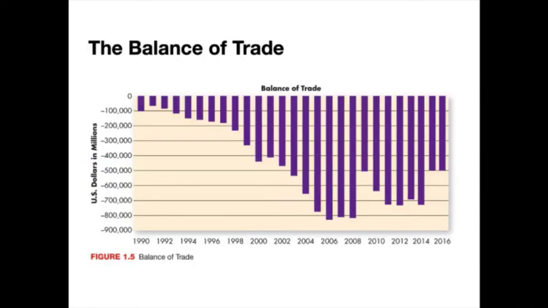You see here historically, from 1990 to 2016, the U.S. balance of trade in millions of dollars. Why are the bars going down instead of up? Well, it's because the U.S. has run for decades a negative balance of trade, which means that we import more stuff than we export to other countries, to the tune of millions and millions of dollars.